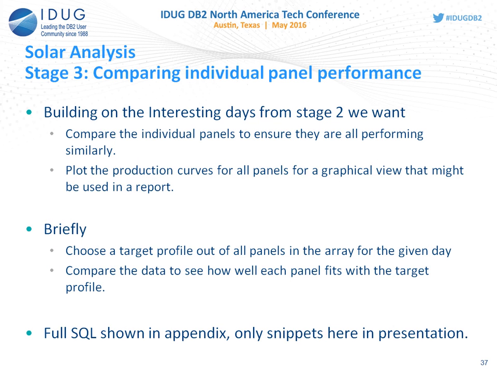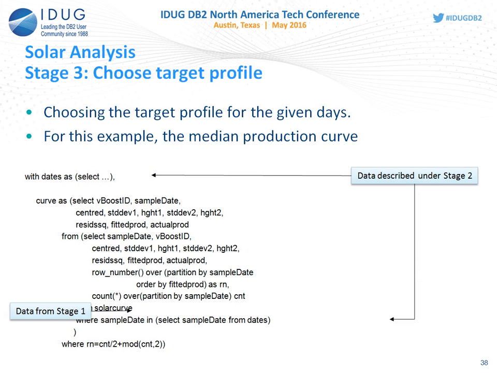So briefly, it's choosing the target profile and then comparing the data. The full SQL is again shown in the appendices of the presentation you can download. For this, I'm only going to show a few snippets. Here we have our data that I described in step 2, the panels of interest. And here is another data set, our curve data.